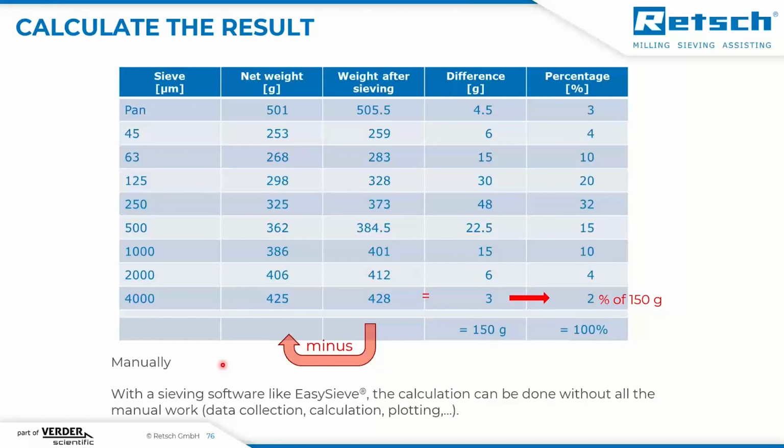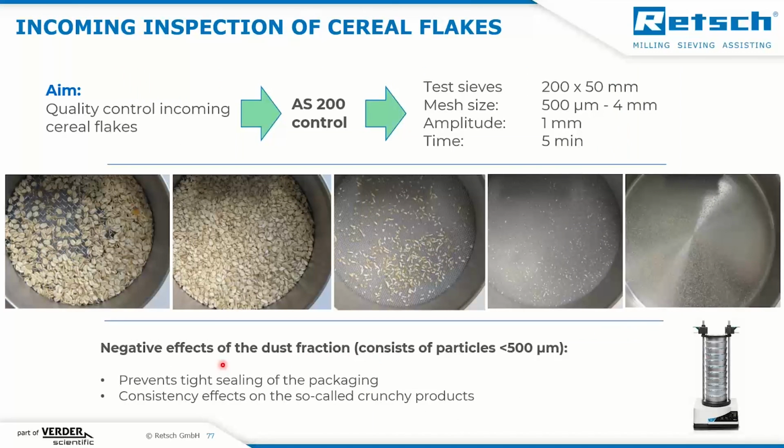And so you can calculate the particle size distribution manually, or you can use EasySieve, the software which calculates it automatically and can also be connected to a balance, and then all this weighing is much easier.